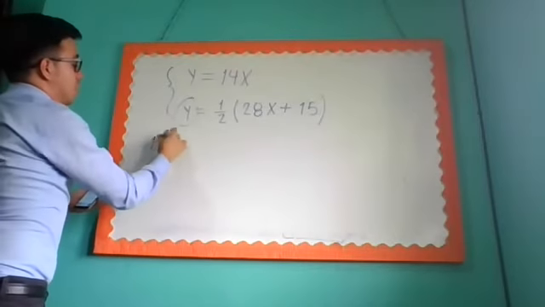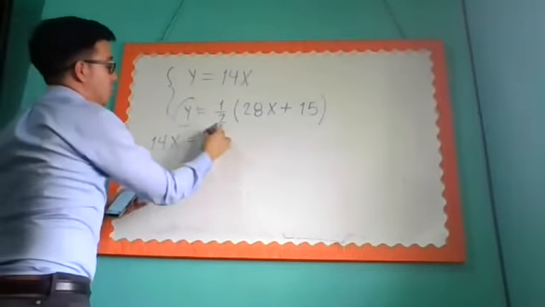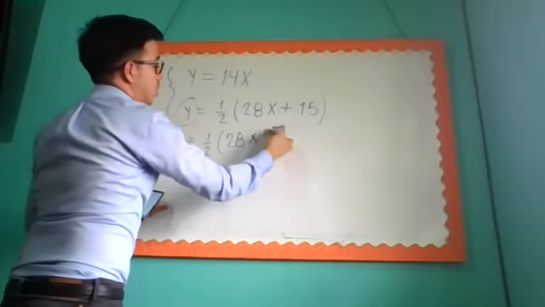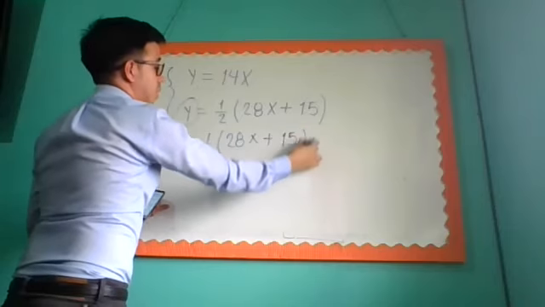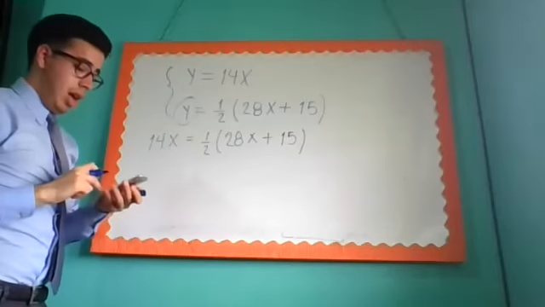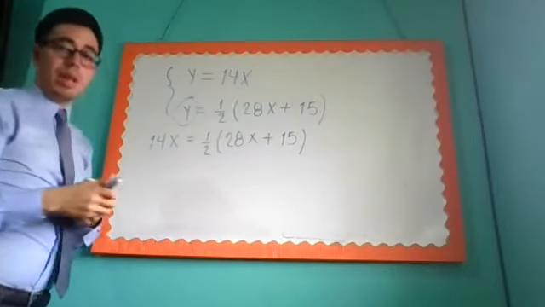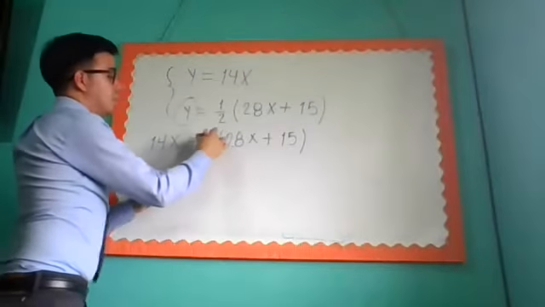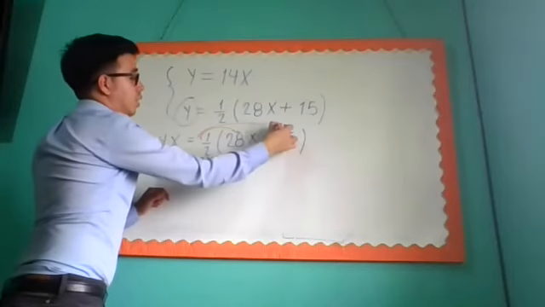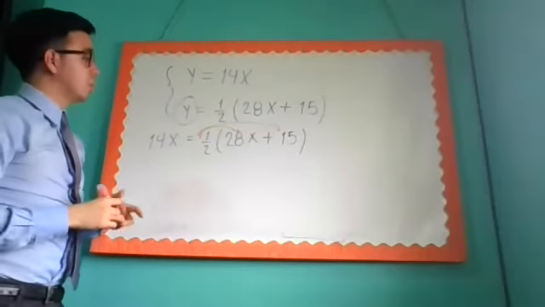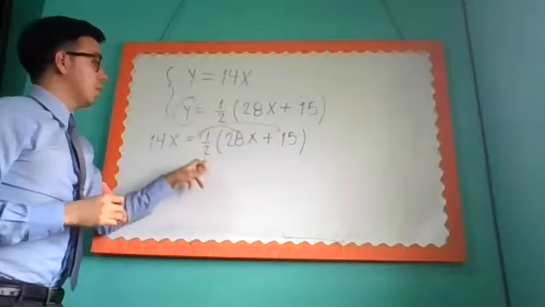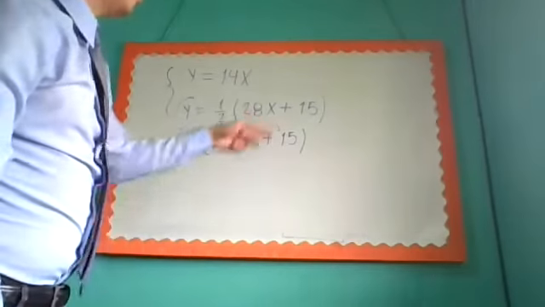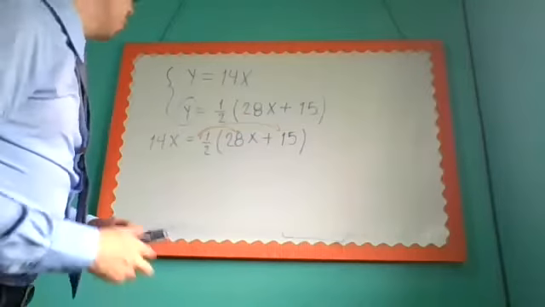So I have 14x equals 1/2 multiplied by 28x plus 15, and we solve this by multiplying the terms. Remember, guys, that this 1/2 affects all the numbers inside the parentheses, so you multiply 1/2 by 28x and 1/2 by 15. Sorry, 15 doesn't have x.